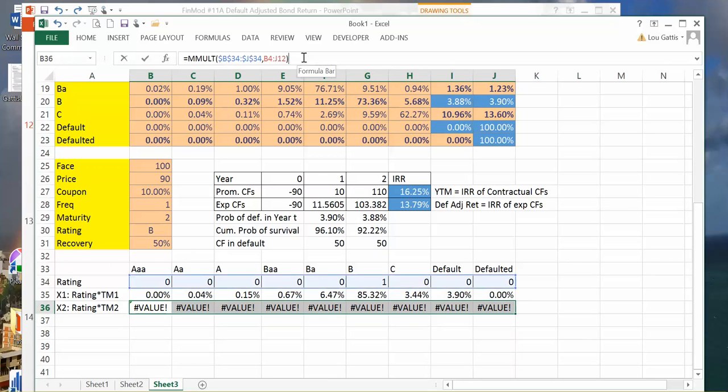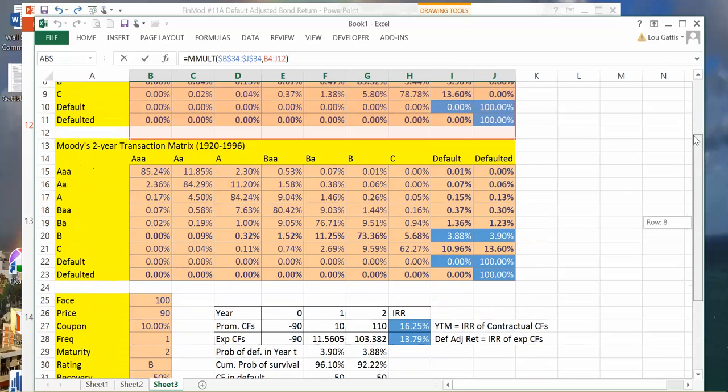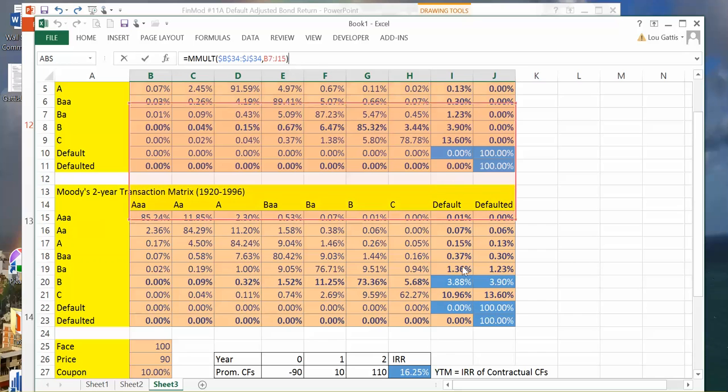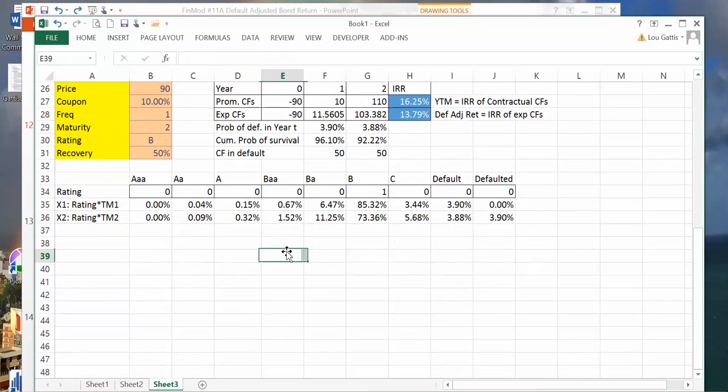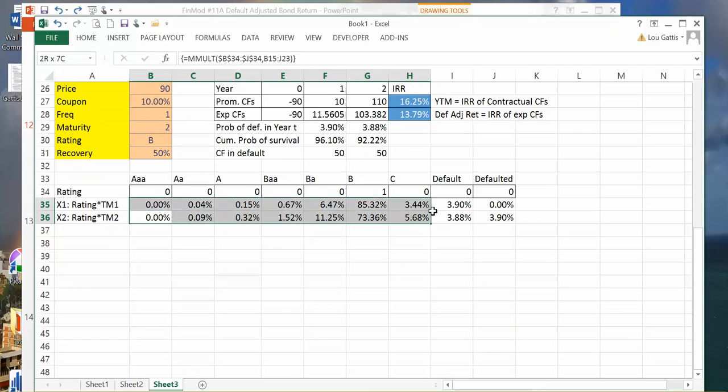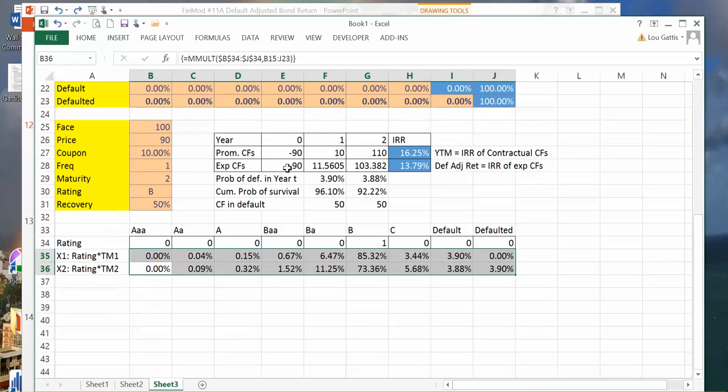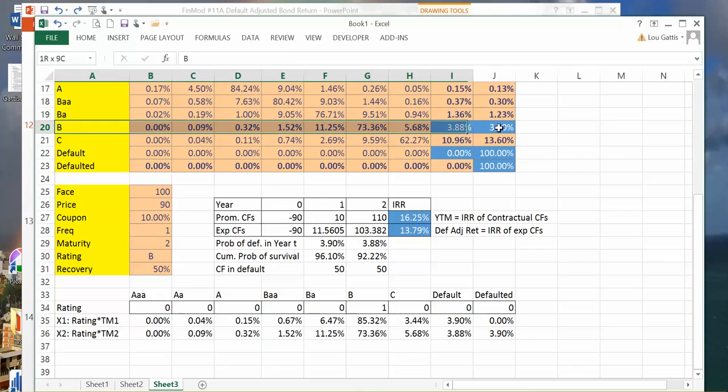So it's mmult ratings times, and I think I need to fix this. Slide it down and grab the 2 year transition matrix. So now I have mmult rating times a 2 year transition matrix. Control Shift Enter. And it grabs for the B-rated bond this row here. 388, 399, 390, there you see that.